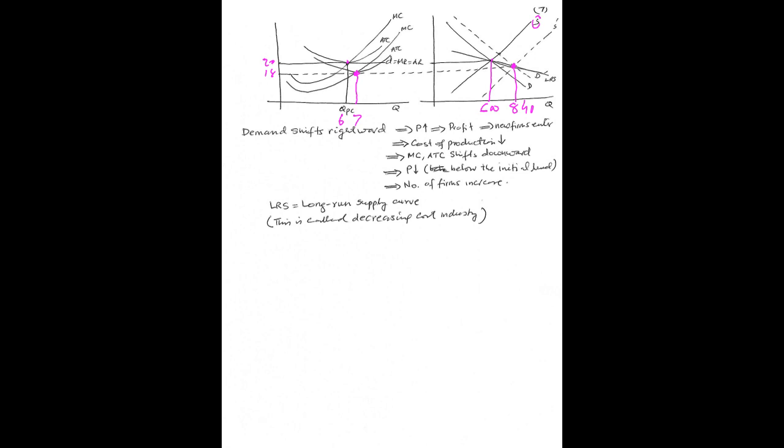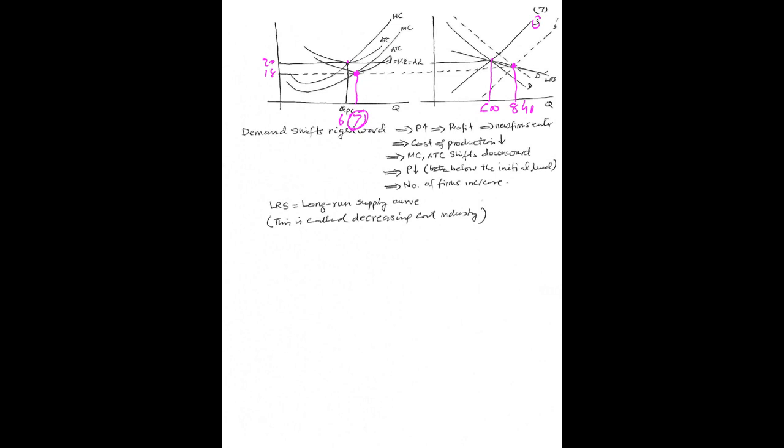New firms will enter this industry and cost of production decreases. So now each firm, since cost of production has gone down, will produce more units. When your cost of production decreases, your profit margin increases, so you produce more. And that is why each firm is now producing 7 units instead of 6. And since new firms enter this industry, total output has gone up to 840.